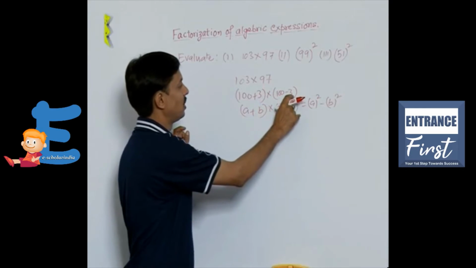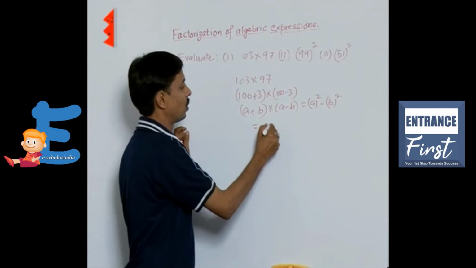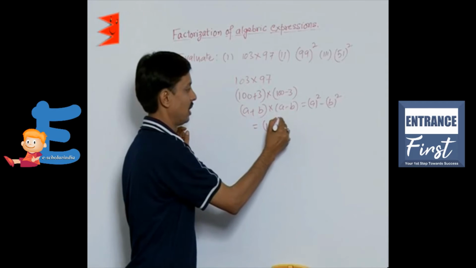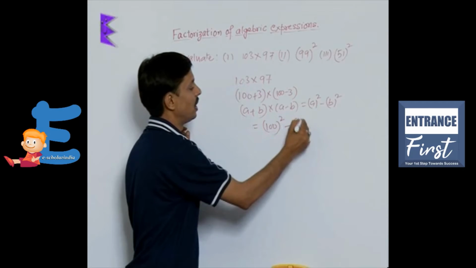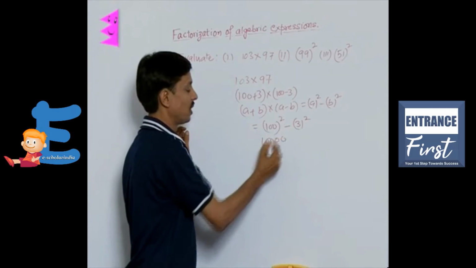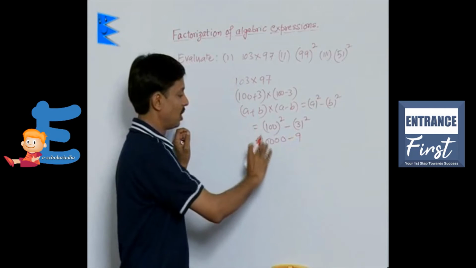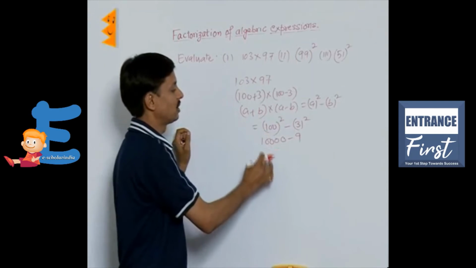So the product of 103 into 97 is 100² − 3², which becomes 10,000 − 9.